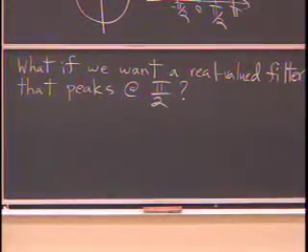Now you can start with the diagram and work your way back to the equation, the difference equation. Remember, the difference equation is what gives you the block diagram. And the block diagram is what you actually code into a computer. That's how you implement the filter in MATLAB, LabVIEW, whatever. Okay?